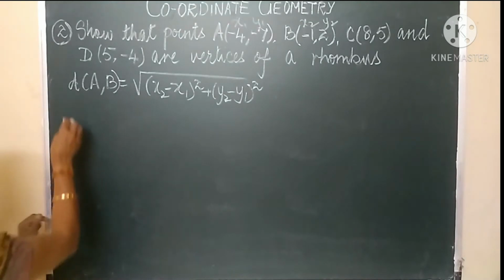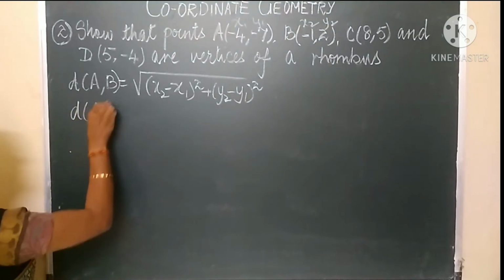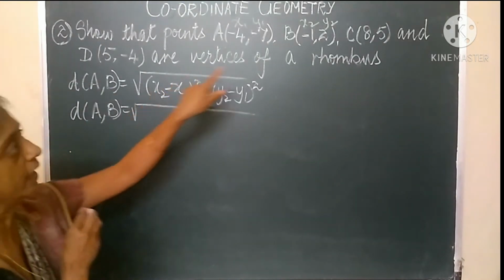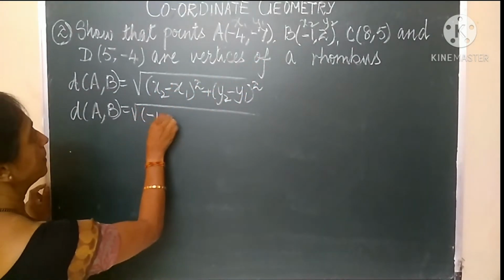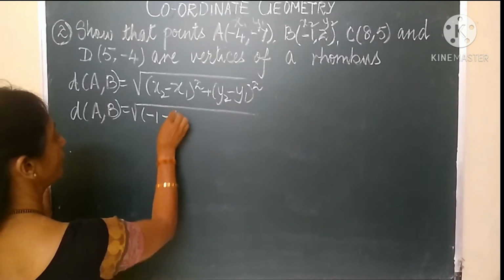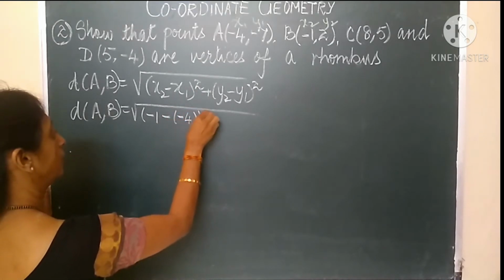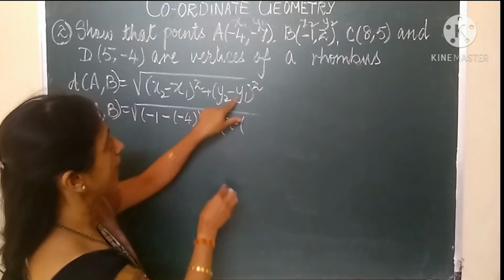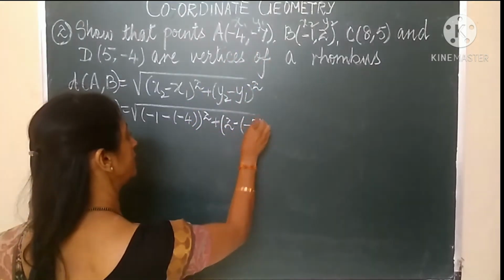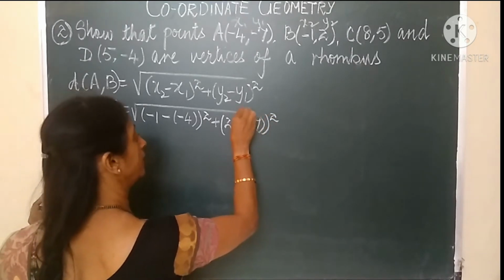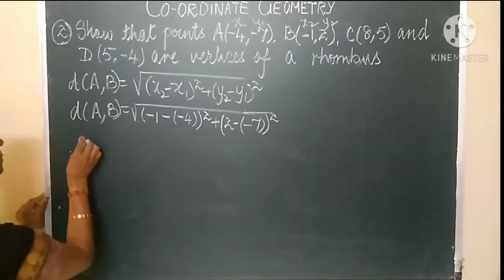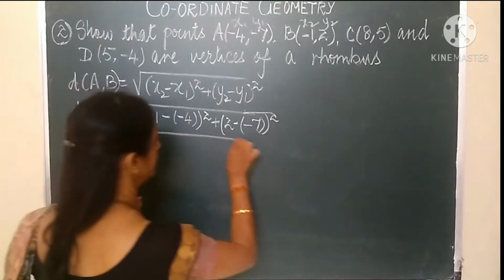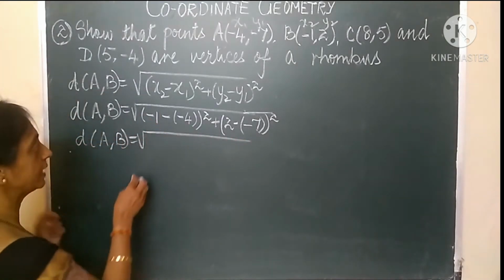To move on with the substitution, in this next step, distance AB will be equal to square root of x2 is minus 1 minus x1 is minus 4 the whole square plus y2 is 2 minus y1 is minus 7 the whole square. Let's solve what is given in the first bracket.